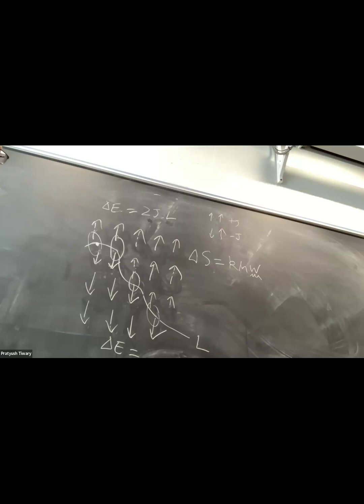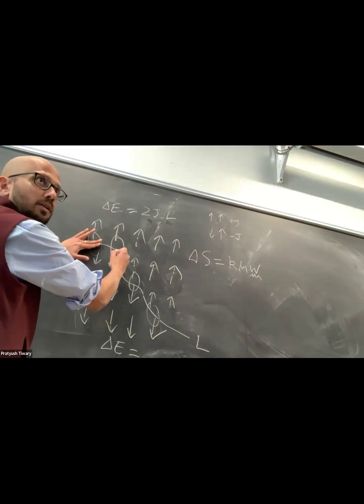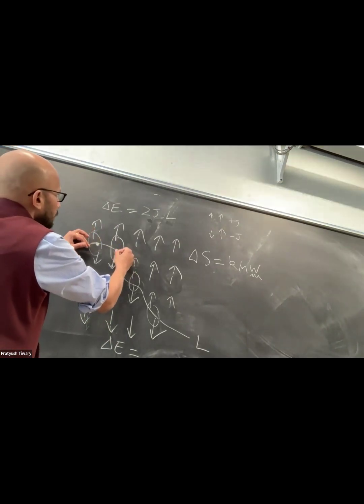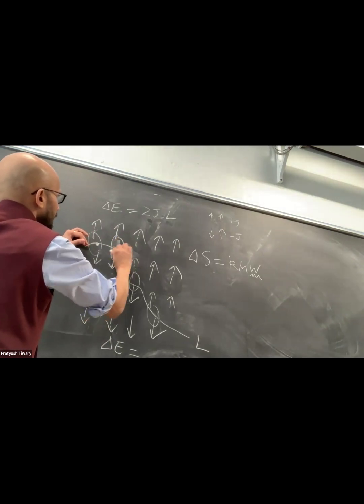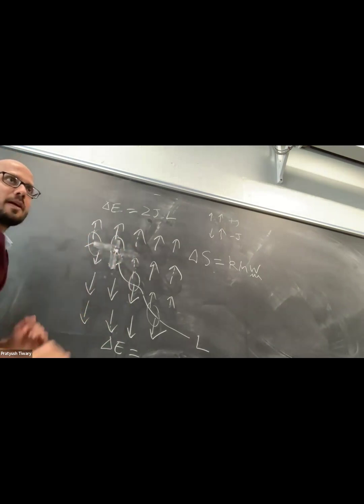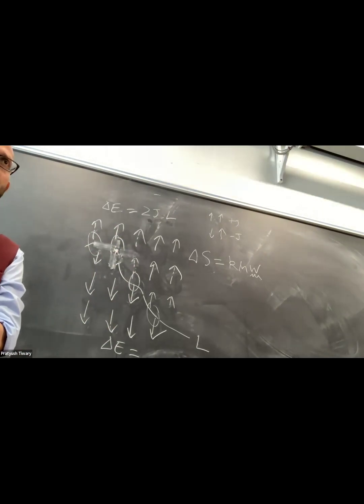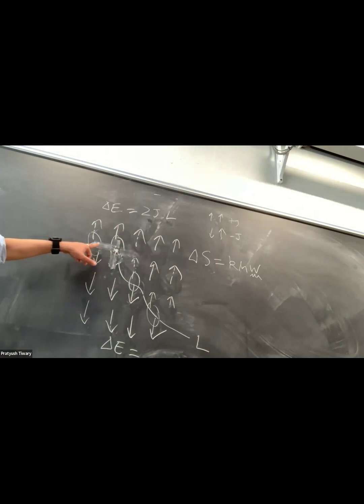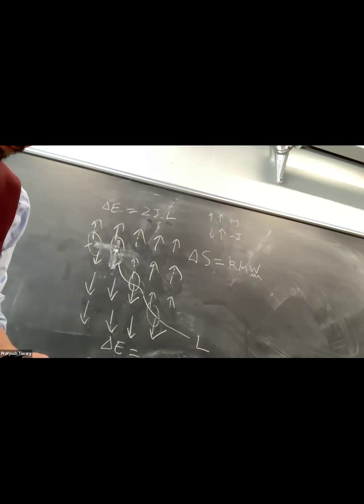In order to disrupt the next one, the question is how many ways can I pick the next bond to disrupt. So let's say I started over here. If this one is disrupted, in order to disrupt the next bond, I can move in this direction, top, right, bottom, or to the left, right? So I'm picking up the next interaction to disturb, right? But if this is disrupted, color would have been useful here.